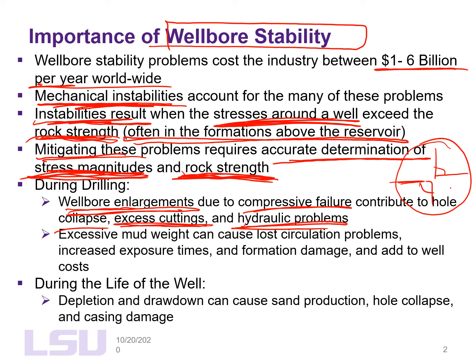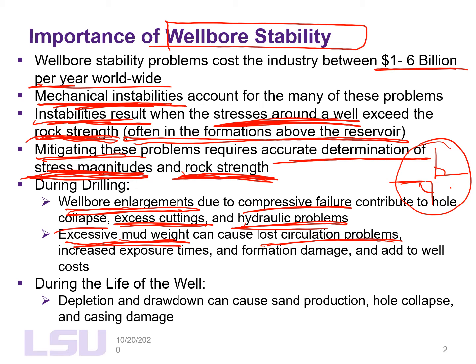And you're going to see that on the next slide. Having to drill with excessive mud pressure can also lead to lost circulation problems, right? Because if your mud pressure exceeds the least principal stress, then you can actually propagate a fracture into the formation, and you will lose your drilling fluids.